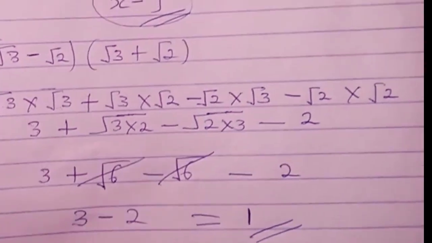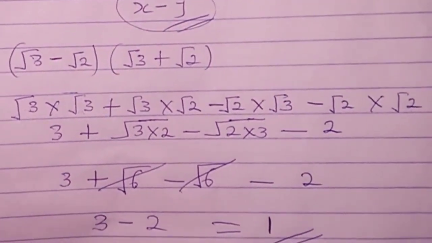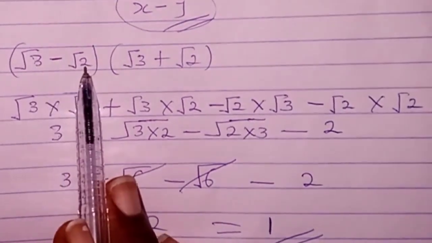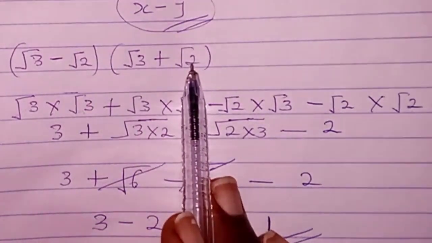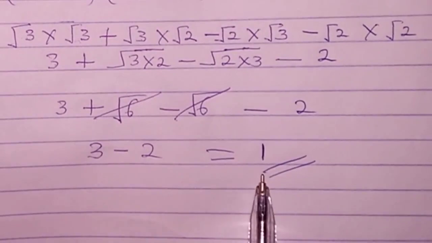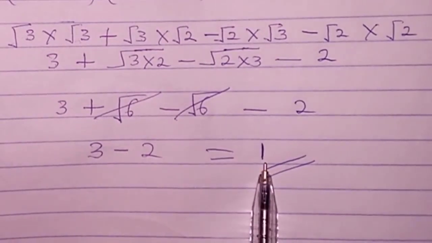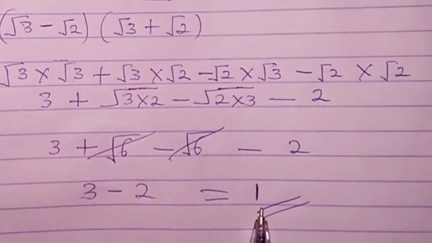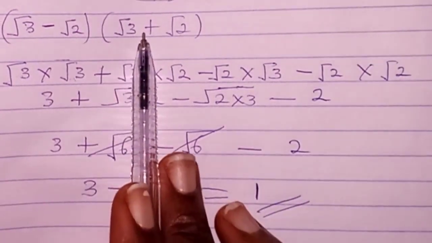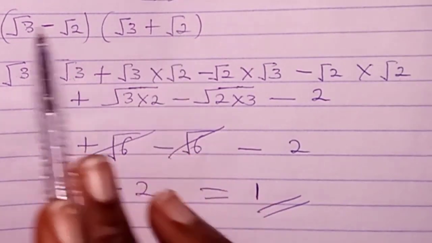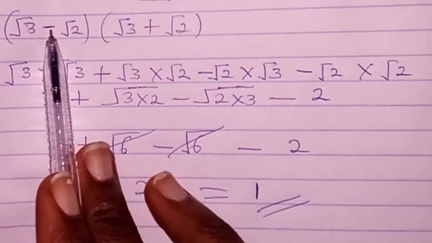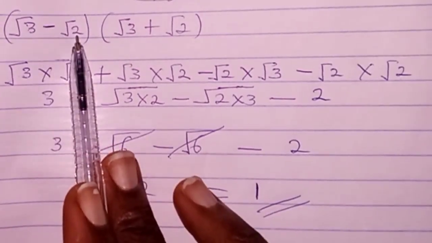So, as can be seen here, root 3 minus root 2 multiplied by root 3 plus root 2 gives us a rational number. Therefore, we can say that root 3 plus root 2 is the conjugate of root 3 minus root 2.